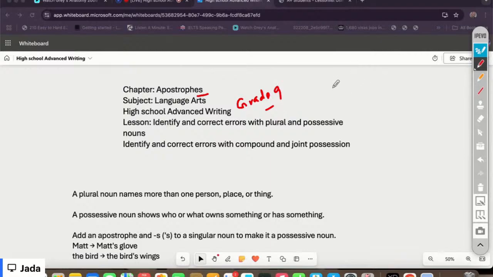So first of all, you have to log in using aplusstudent.com. So you click on your name, you go to grade 9, and you can find the lesson.